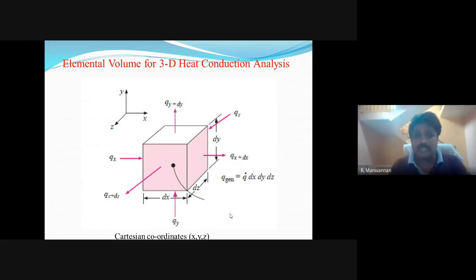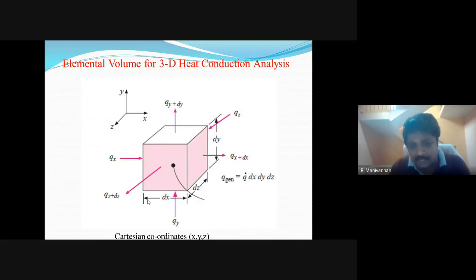In the y direction, qy represents the rate of energy conducted in, and qy+dy is the rate of energy conducted out in the y direction. The rate of energy conducted in the z direction is qz, and conducted out is qz+dz.